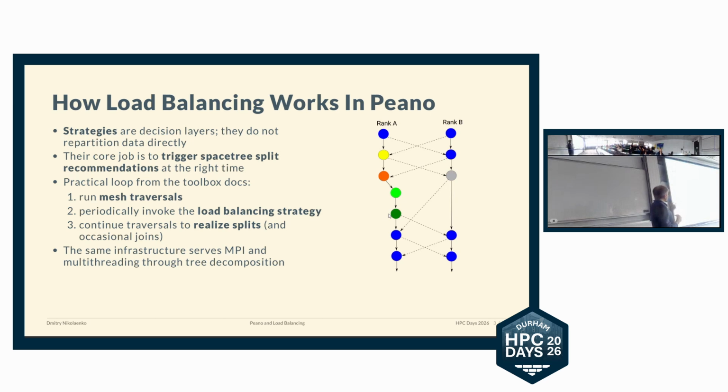The core job is to trigger space tree split recommendations at the right time. Peano provides a toolbox to do splitting. It does mesh traversals and periodically invokes the load balancing strategy. And then it realizes splits at the right moments, and sometimes joins. This infrastructure serves both MPI and multi-threading.